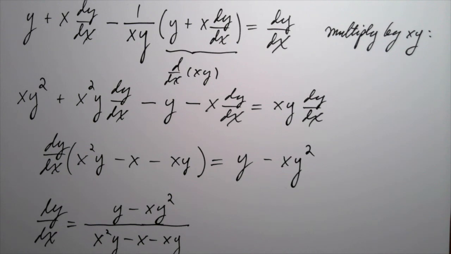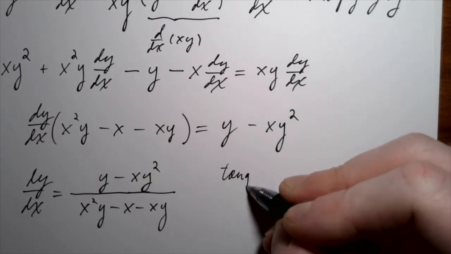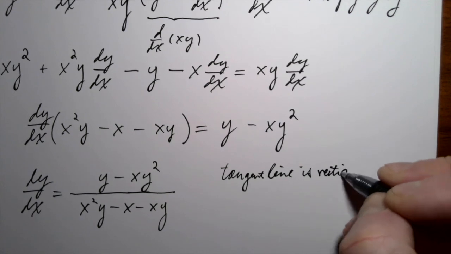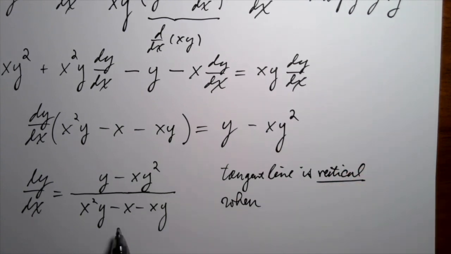Okay, but we're not done. Remember, we were supposed to find where the tangent line is vertical. And the tangent line will be vertical exactly when that expression is undefined. That's what we're after. So the tangent line is vertical, not horizontal, vertical, when we have division by 0.